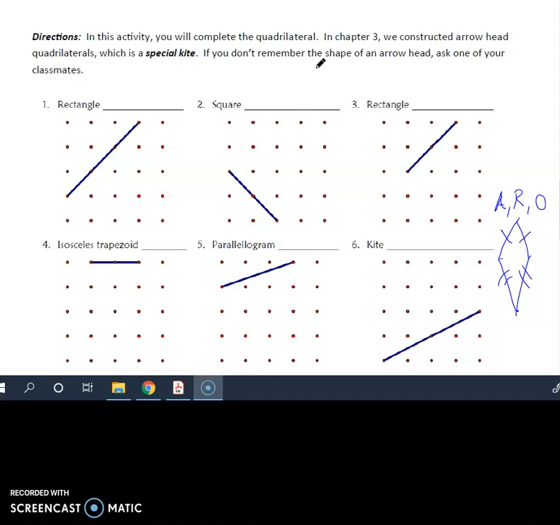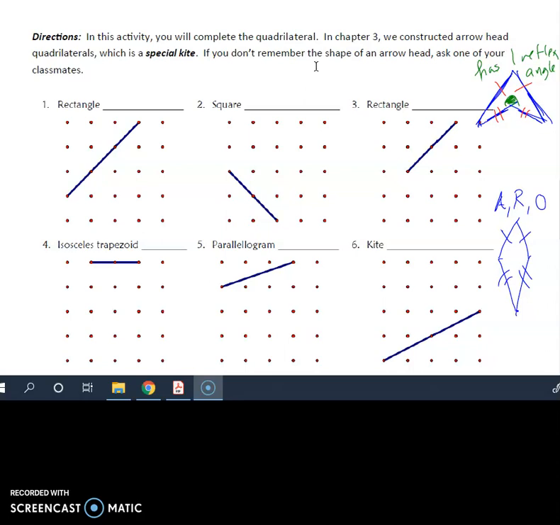With an arrowhead kite, what makes it different is that there is always one reflex angle. We still have two sets of distinct, equal, adjacent sides, but one of the angles is going to be reflex. That's the difference between an arrowhead kite and a kite.